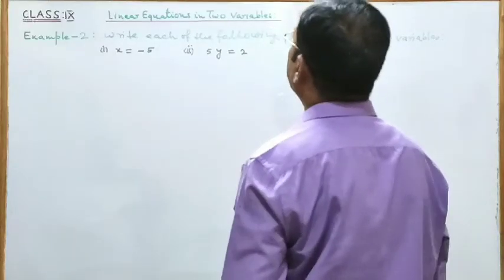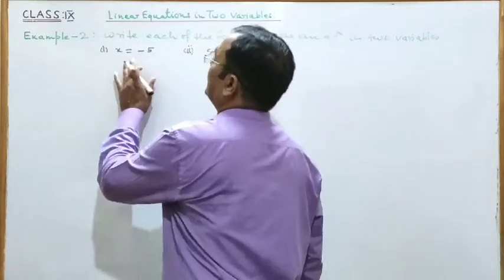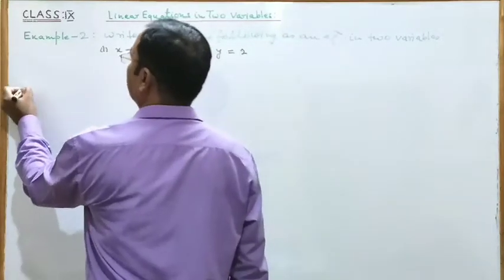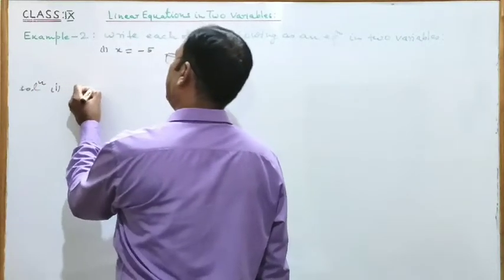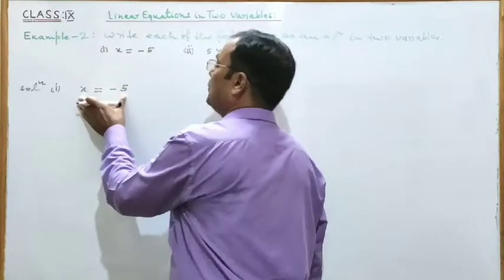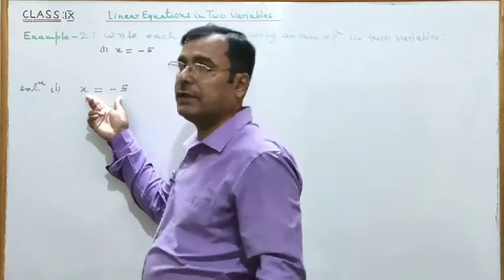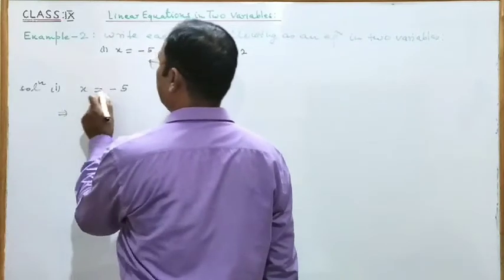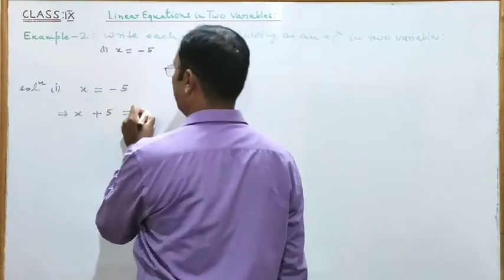Write each of the following as an equation in two variables: x equal to minus 5 and 5y is equal to 2. We are given in the first part x is equal to minus 5, and we have to write this equation as an equation in two variables. So this x equal to minus 5 we can write as x plus 5 equal to 0.